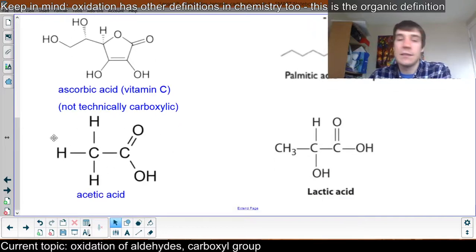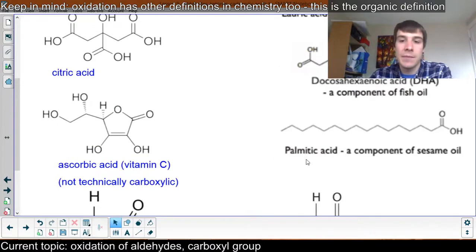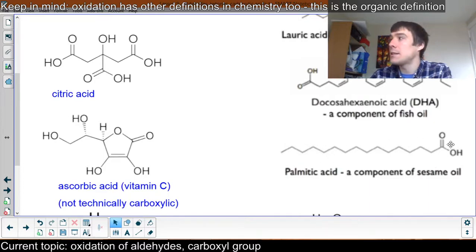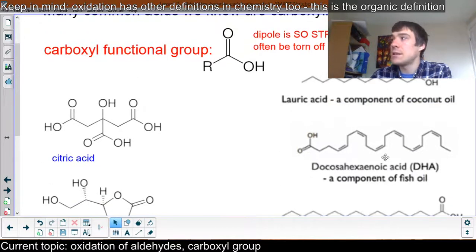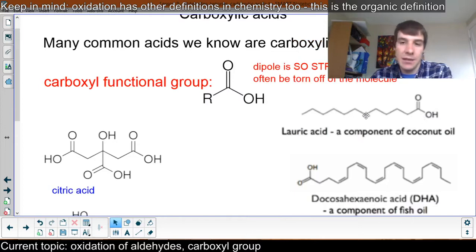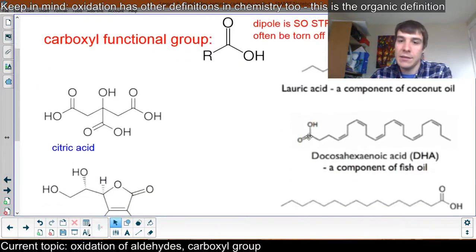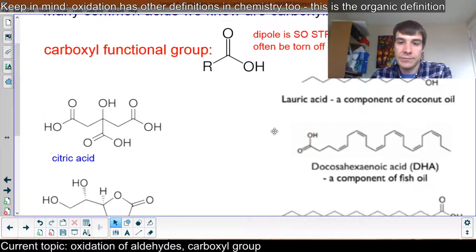Acetic acid, which is the stuff in vinegar, is clearly a carboxylic acid. Lactic acid has a carboxyl group here and an alcohol group here. Palmitic acid, docosahexaenoic acid, and lauric acid are different fatty acids. So that's the carboxyl group on those molecules.